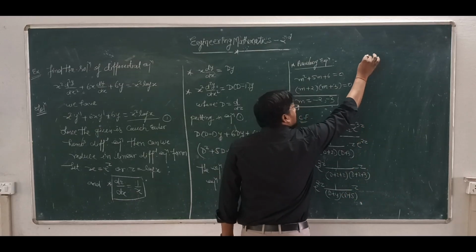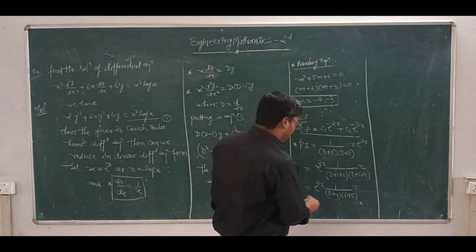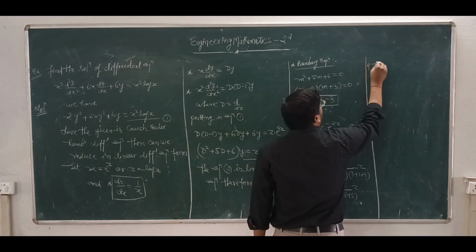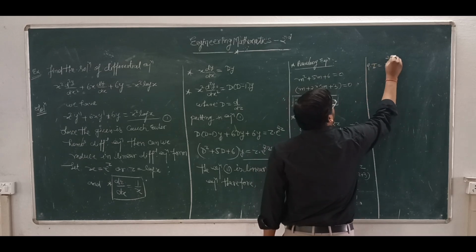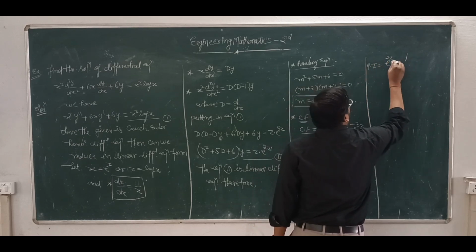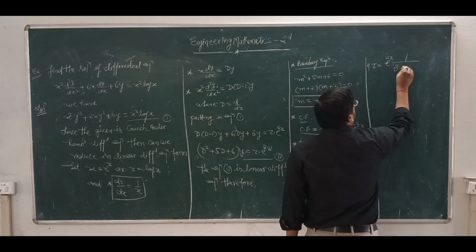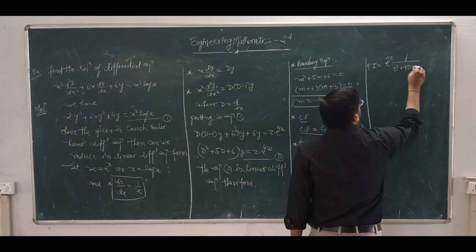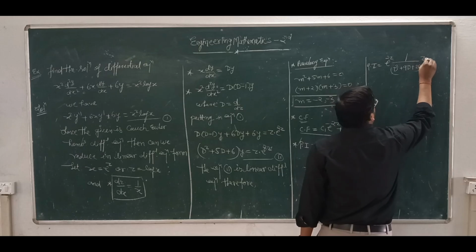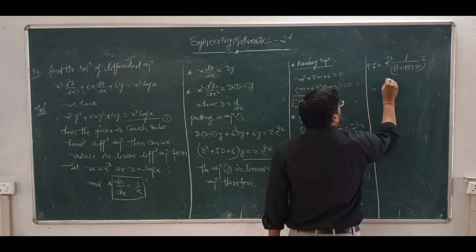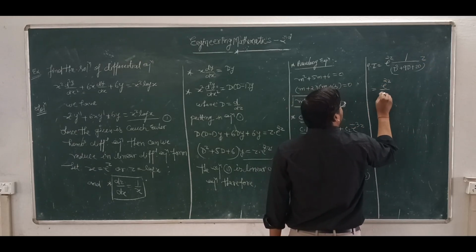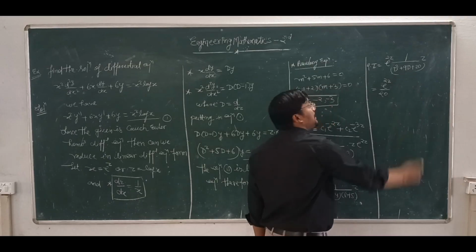Now you find the value of PI. You can write PI is equal to e to the power 2z 1 upon the multiplication of this value, D square plus 9D plus 20, z. Now you can write e to the power 2z upon 20. You take common the value of this function, which is 20.